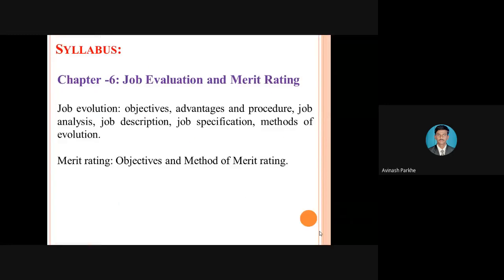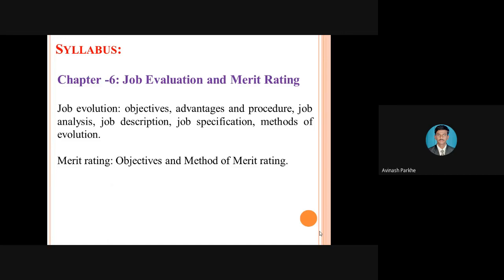If you go through this particular content, it is purposely divided into two parts. The first part is related to job evaluation. In that we are going to discuss what is meant by job evaluation, then what are the objectives, then what is the procedure of job evaluation, then which are the methods used for the evaluation of the job. That we are going to discuss in part 1.